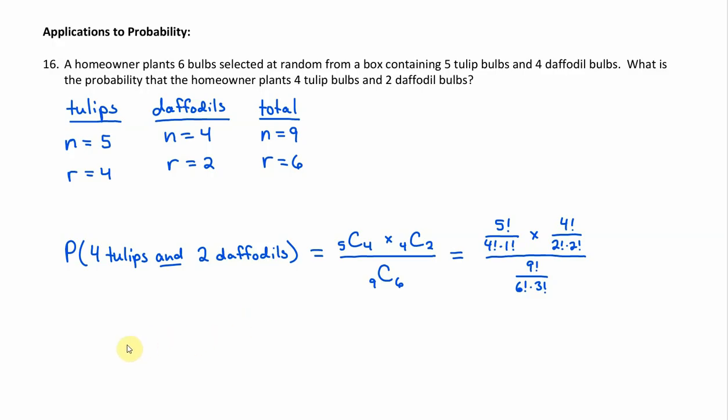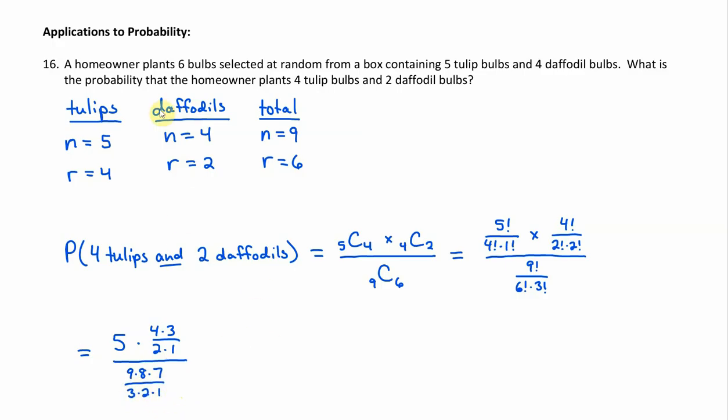So, all right, if I go back over here, I probably need the entire page to write this in. So this will be 5 times, and then if you cancel one of the 2 factorials on the bottom, you'd have 4 times 3 over 2 times 1. And then in the denominator, if you canceled out the 6 factorial on the top and the bottom, you'd have 9 times 8 times 7 over 3 times 2 times 1.